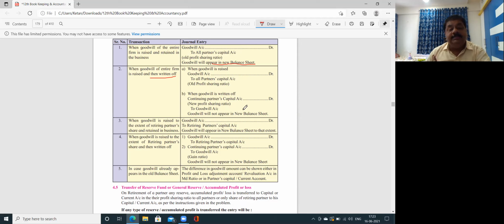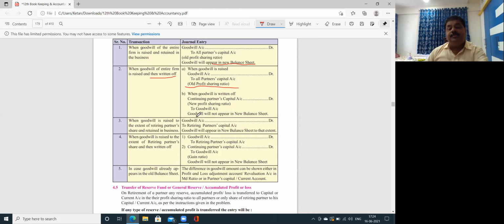And the second entry comes when goodwill is written off. Now the entry: continuing or remaining partners' capital accounts debit to goodwill account. You can see here in the first entry, the old ratio is applicable because we are going to distribute the goodwill to all partners. But in the second entry, only the new ratio is applicable because we are distributing the goodwill between remaining or continuing partners. Okay.